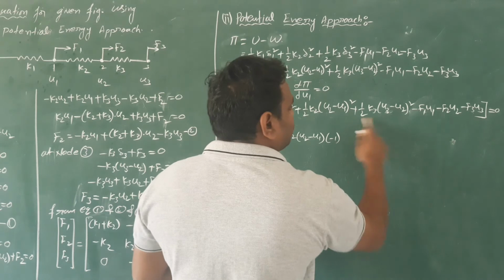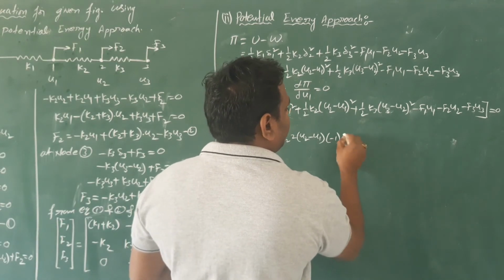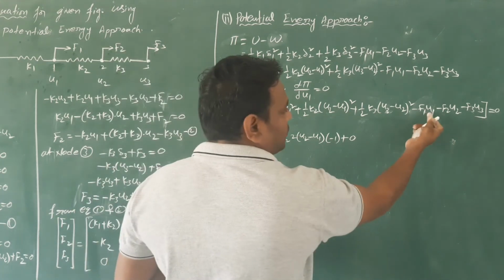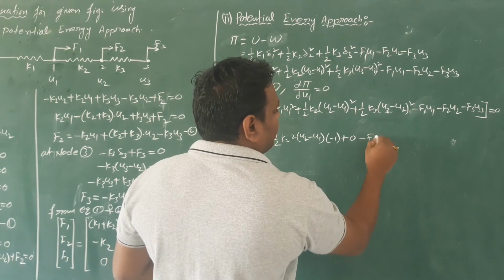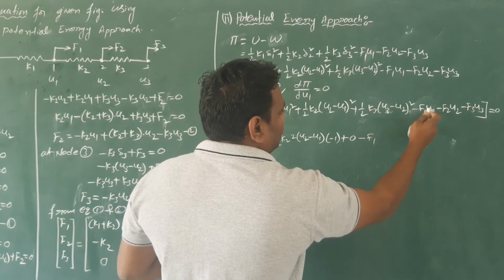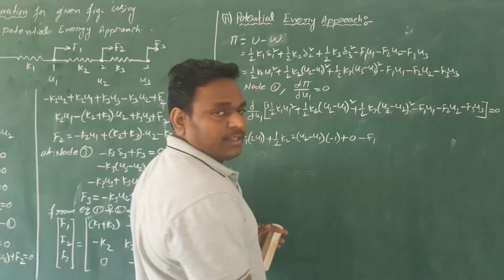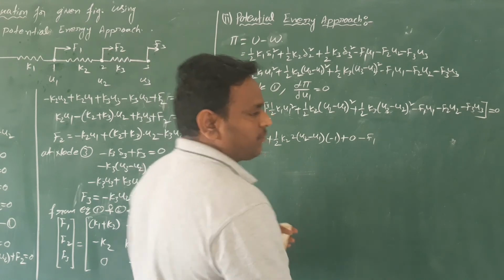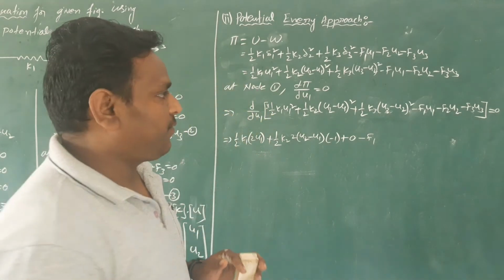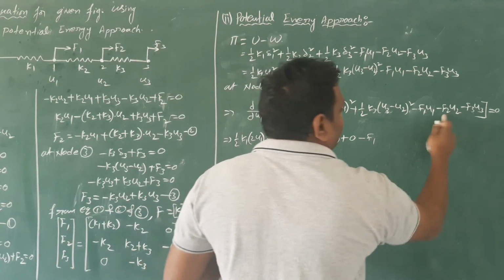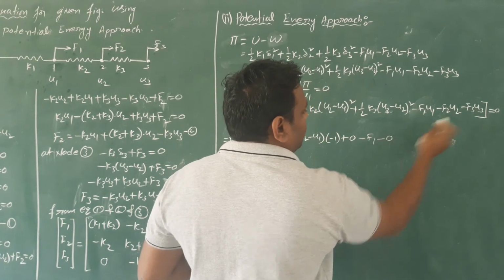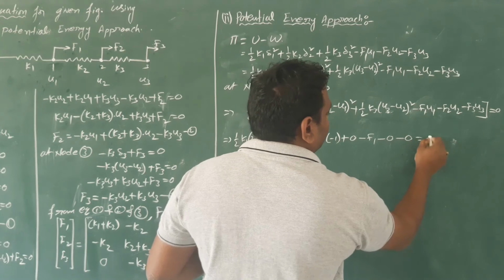Now, here there is no U1, that's why we write 0. Okay, next, here U1 is there, minus F1, its differentiation is 1, so only F1 remains. Here there is no U1, so the constant differentiation is 0. This is also 0, is equal to 0.